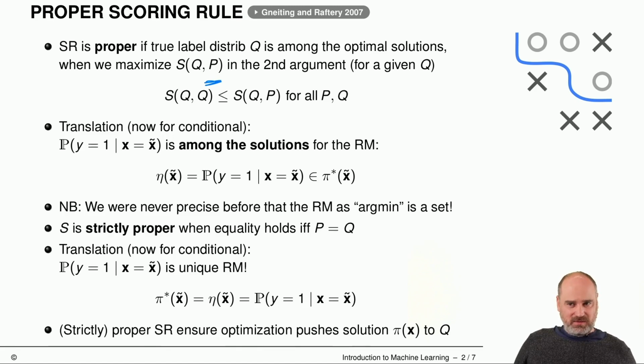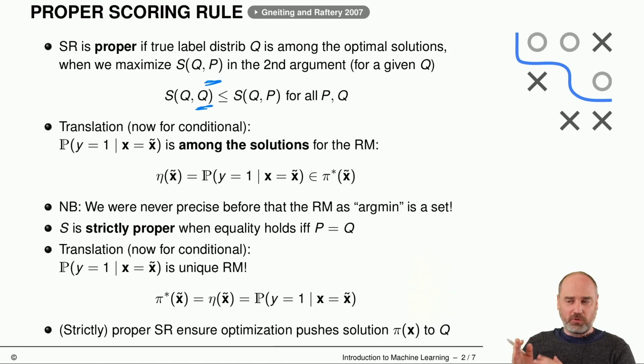And what I mean by this statement before, that the true label distribution Q is among the optimal solutions for any arbitrary given Q, I can equivalently simply state that if I insert my true label distribution as the predictive distribution, so I have some form of an oracle, I know what the true label distribution is, and I just use that as a predictive distribution, this is always at least as good as any other distribution Q I'm picking.